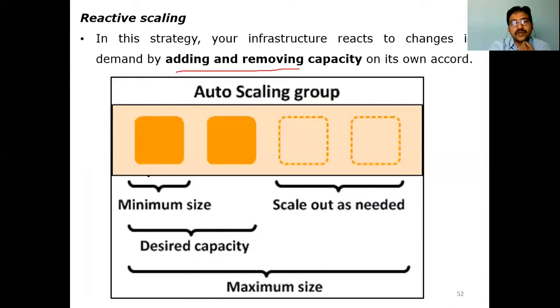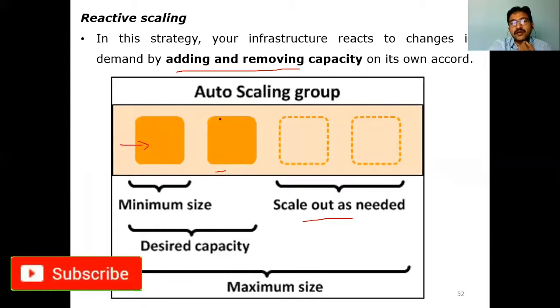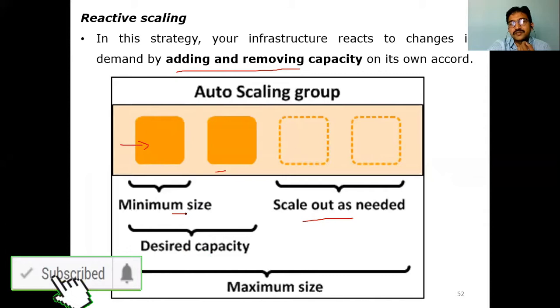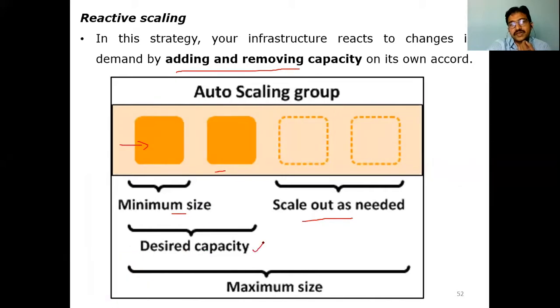See here, when we require the minimum size, we can go for this. When we require some desired capacity, we can use one more. We are not using the entire capacity at a time. So we scale out as needed, but we are not using the maximum size, based on add or remove. Based on the minimum size, possibly we can go for the first one. If not possible, we can go for the desired capacity.